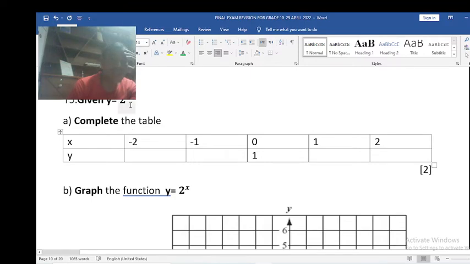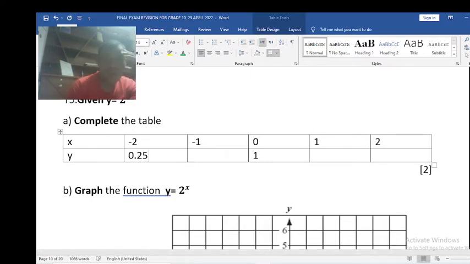When x equals minus 2, it would be 0.25. When x equals minus 1 it is 0.5. This is 1, this is 2, and this is 4.